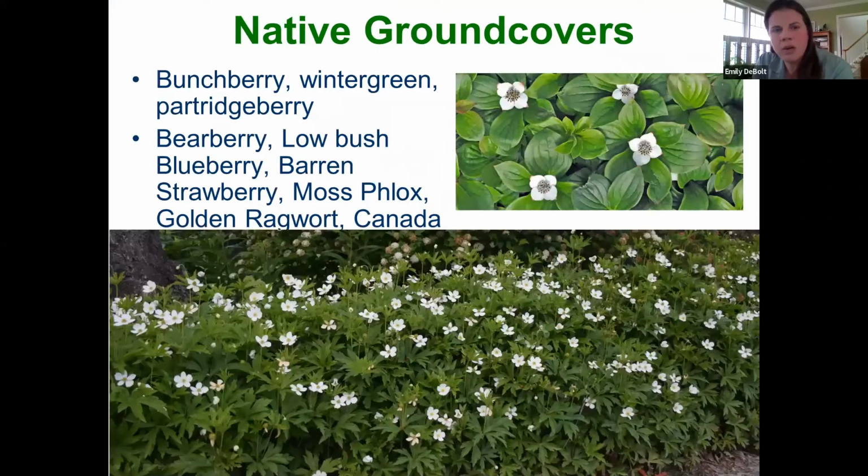Again, bunchberry, wintergreen, just lots of options. On the bottom there, that's our native anemone, Canada anemone, and as you can see in that photo, it's a very aggressive spreader and actually good on sunnier sites. It's going to really fill in too, but it is considered native. So it would be a much better selection for a large area than something like goutweed.